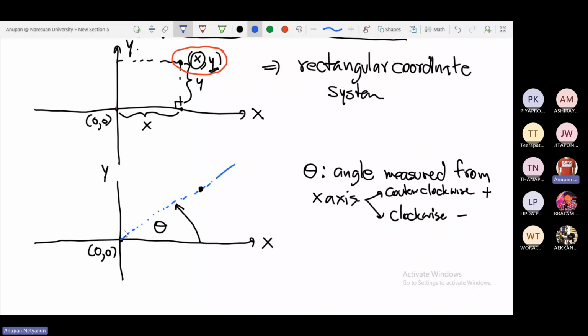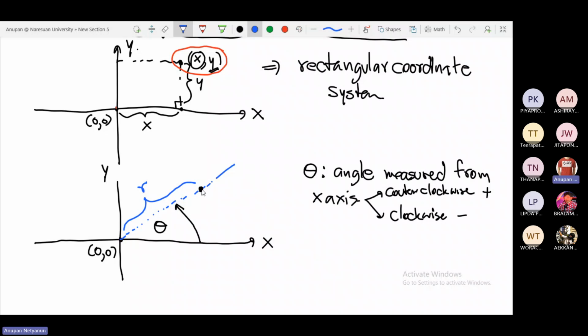So what I'm going to do is walk from (0, 0) along this line. Let me say you walk r units on this path or this line from (0, 0) to this point.